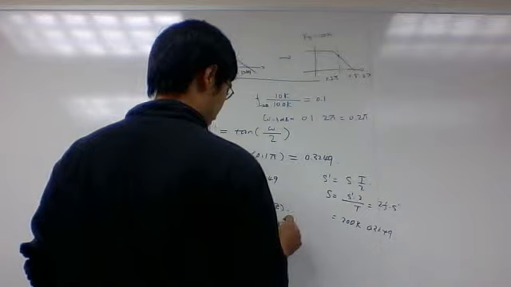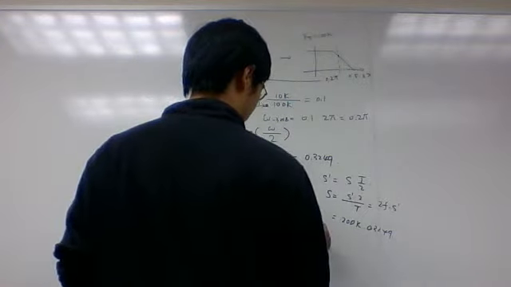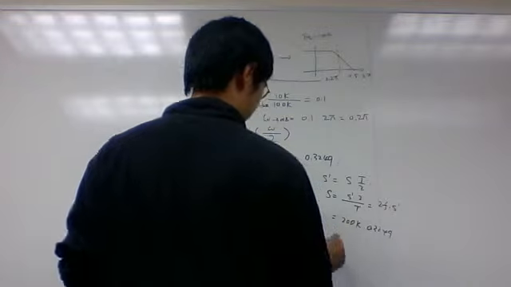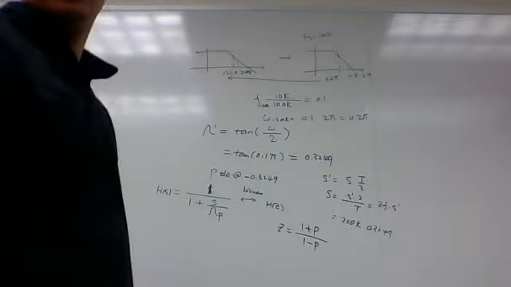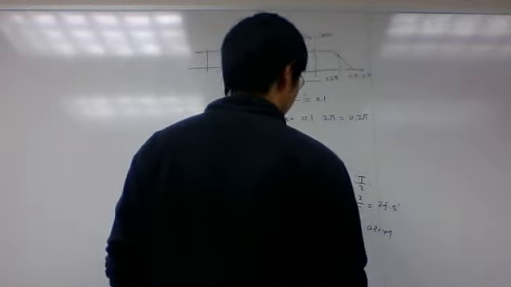You use the bilinear, so Z will be 1 plus P divided by 1 minus P. Okay. So that gives you 0.5.